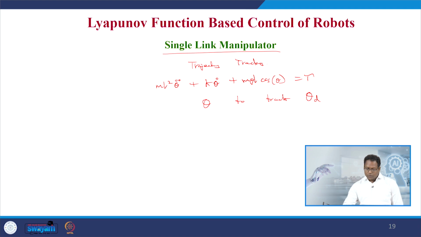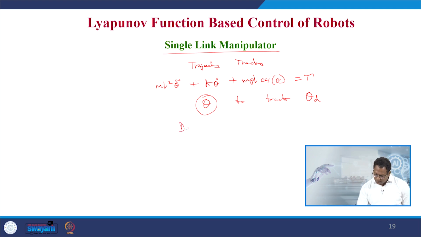So, we need to design a controller via Lyapunov stability analysis, so that the actual trajectory of the single link manipulator tracks theta d, the desired trajectory.